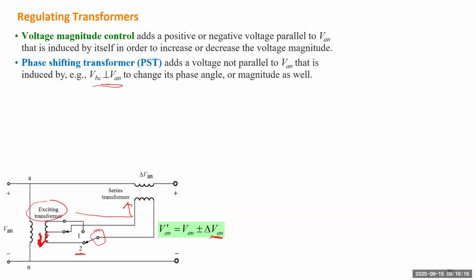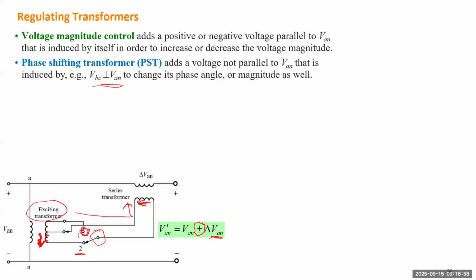So it should give that voltage to the transmission line and cancel the original voltage. So if we move up to tap position number 1, it will induce voltage in the same direction. So by changing between position 1 and 2, you can decide to either increase voltage or decrease voltage.